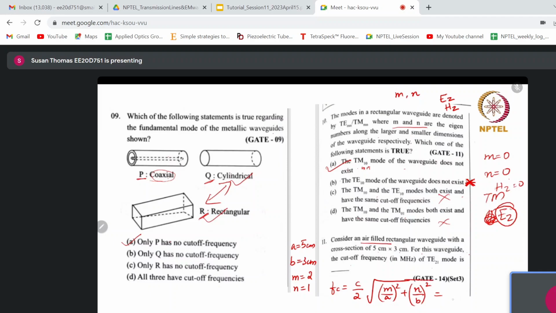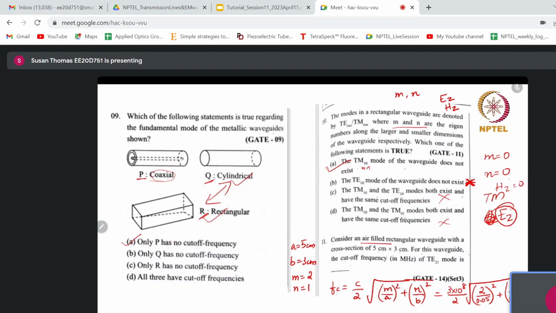So if you substitute 3 into 10 power 8 by 2 into square root of (2 by 0.05) the whole square plus (1 by 0.03) the whole square.